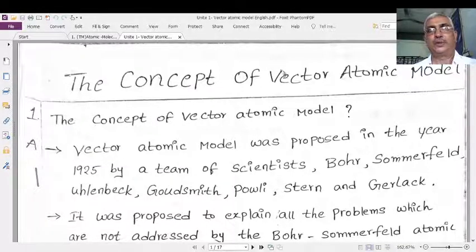In this series of atomic models, the first atomic model was proposed by G.P. Thomson. This is known as Thomson's atomic model. It is also known as the watermelon model or plum pudding model.